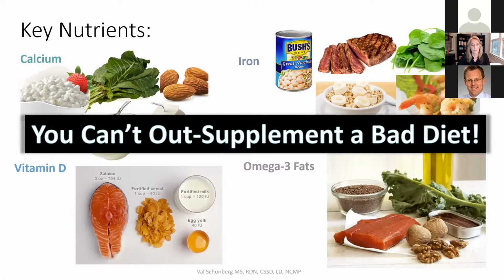So when I'm asked about supplements, what I want to say is that you can't out-supplement a bad diet. So vitamin D is an example of where we often need to supplement, and is often recommended because it's hard to get from food. We often get it from the sun, and dancers are inside all the time. So that makes sense. But really emphasizing a supplement on top of focusing on your diet first.